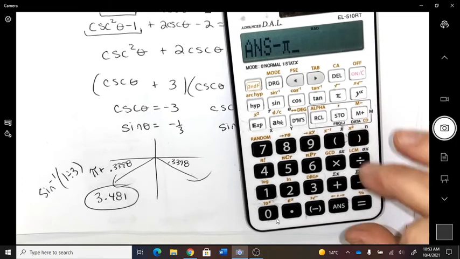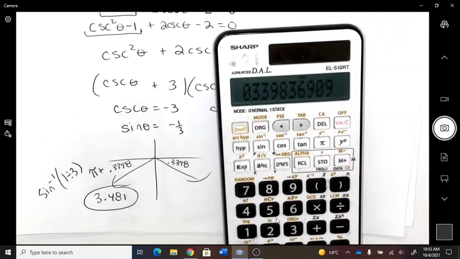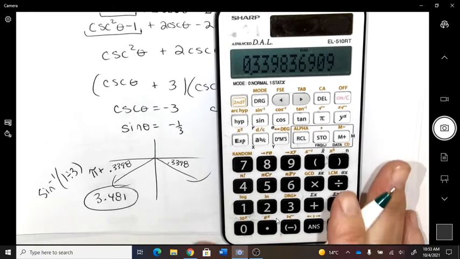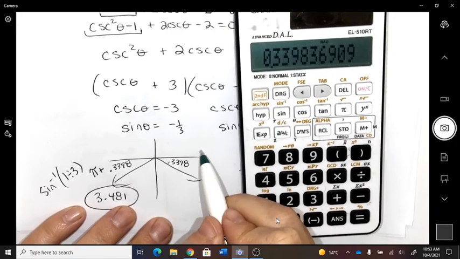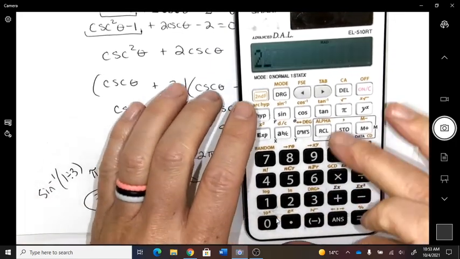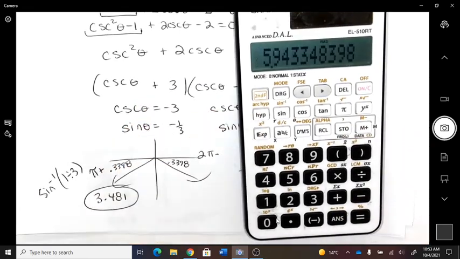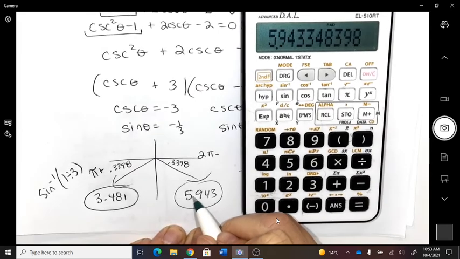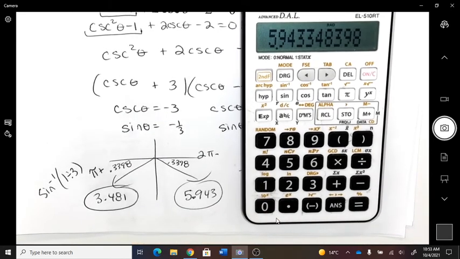I just minus the pi so that I can just get back there. So now I'm never having to round anything. 2 pi minus the answer. So 2 pi minus the answer is 5.943. So I did that calculator work without having to actually round anything till the very end, right?